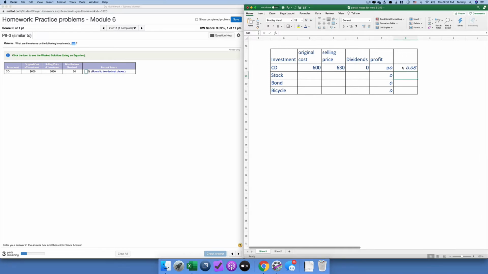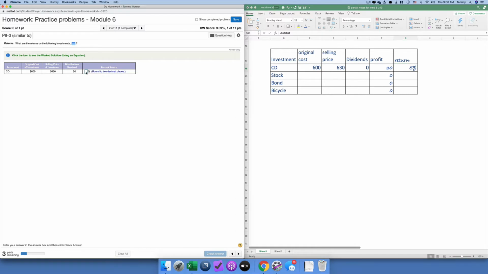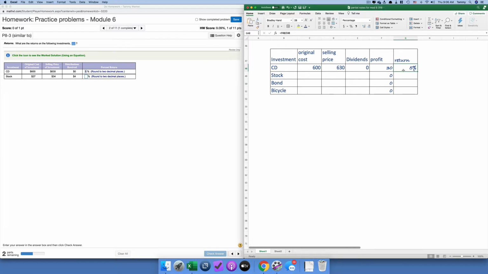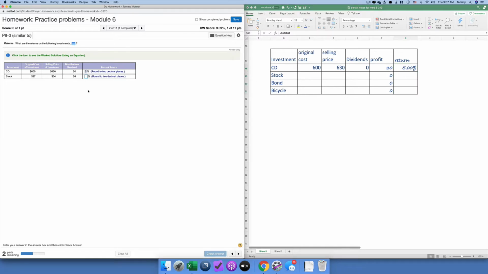Let's format this so that it's showing us in percent. And that's correct. All right, and let's just make sure that these percentages show us 2 decimal points, because that's what the homework package is asking for.